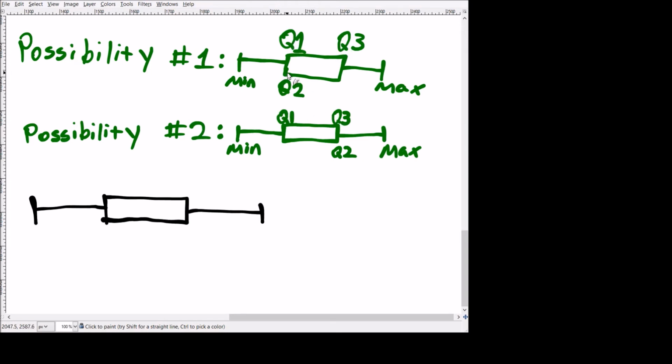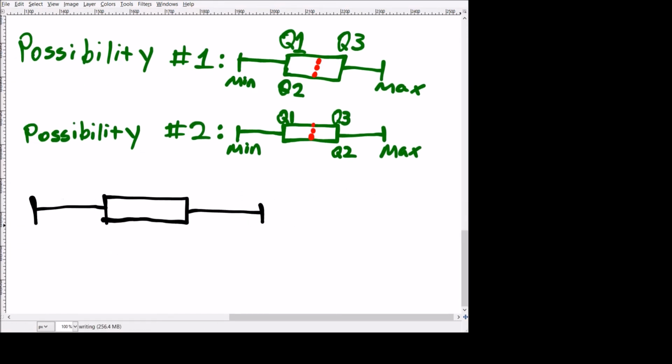But in your first possibility, the normal dividing marker, Q2, which would have been right here, has moved over to line up with Q1. The other possibility is that that same marker, which is right here, Q2, has moved all the way to line up with Q3 so that you can't really see where it is. So when you have these types of distributions, it's a little bit trickier because you have to consider 2 possibilities.